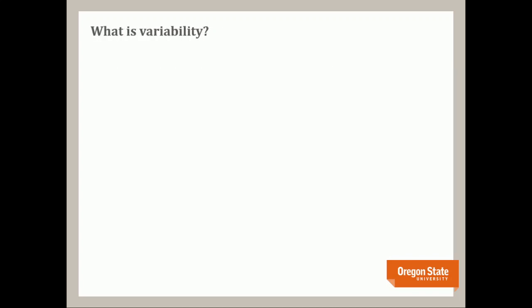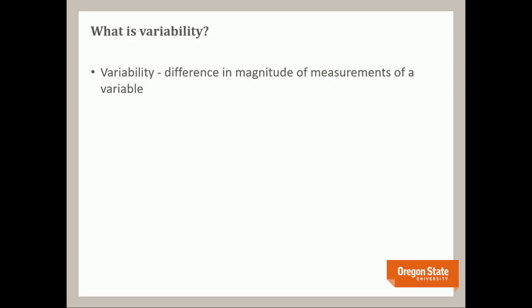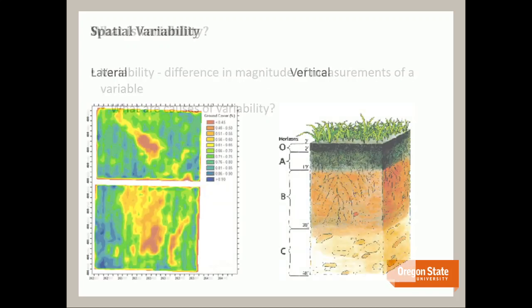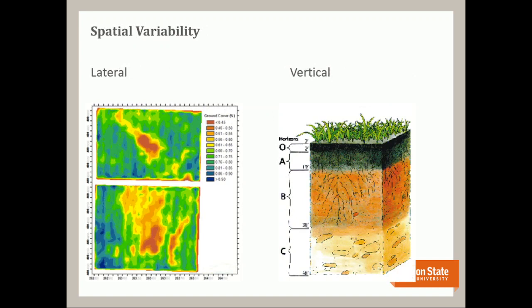So what is variability? Variability is the difference in the magnitude of measurement of a variable. What are the causes of variability? This is the most important thing, so we will discuss it. The types of variability include spatial variability, in the lateral or vertical direction.